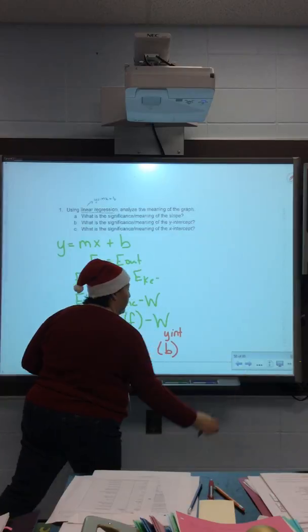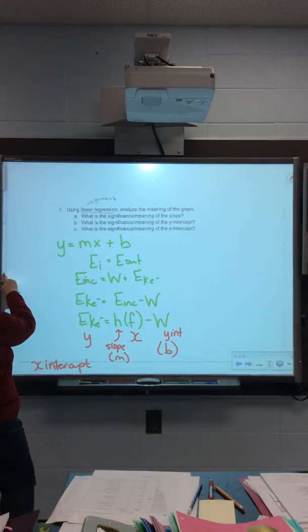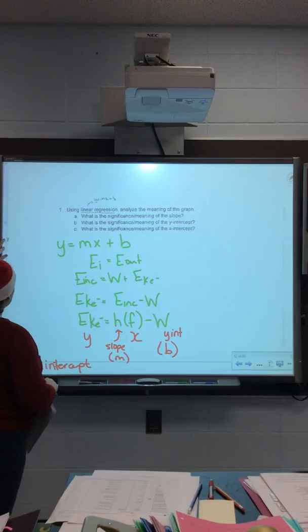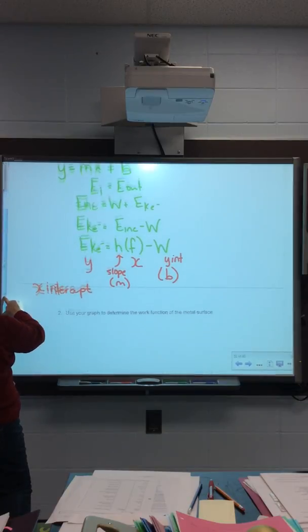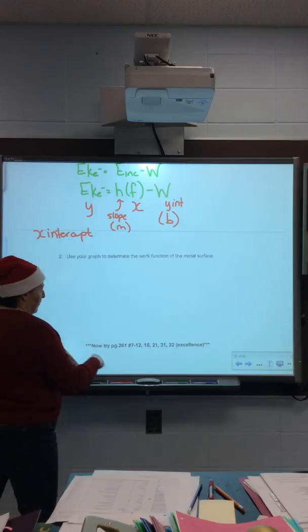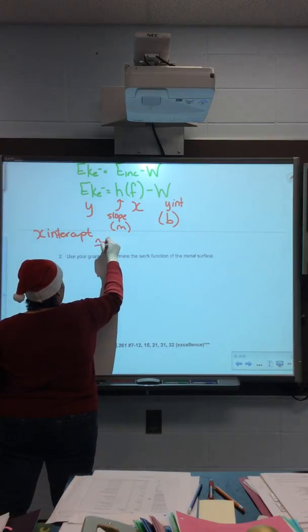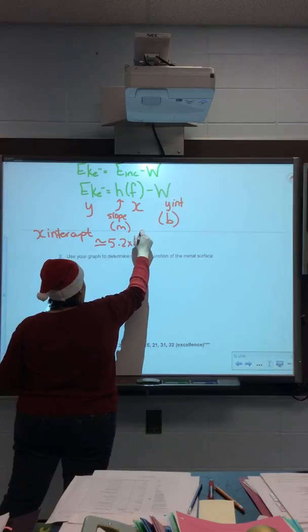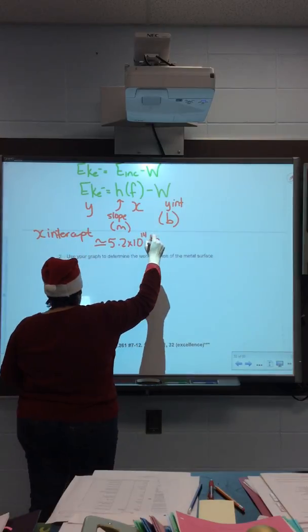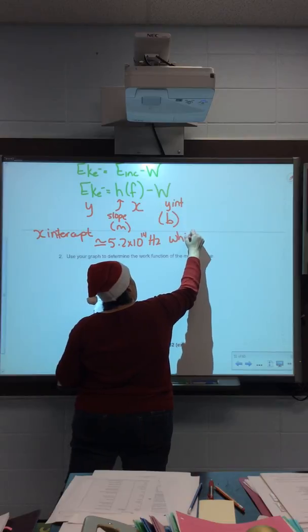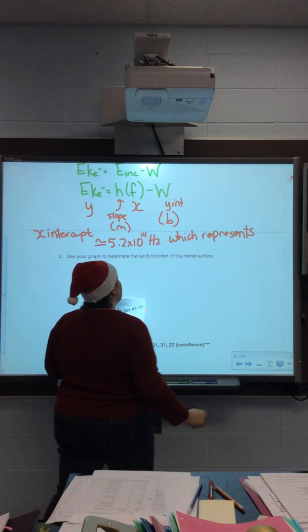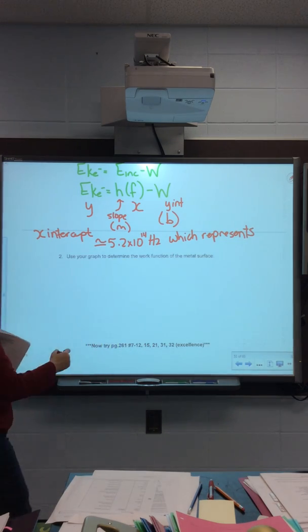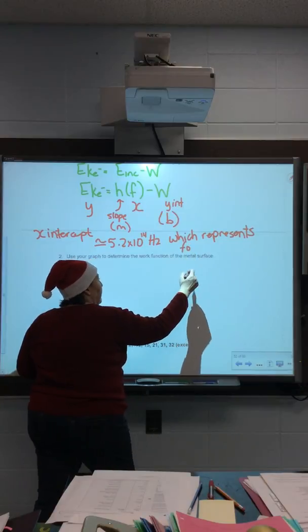Where it crosses the x-axis, that in itself is our threshold frequency.